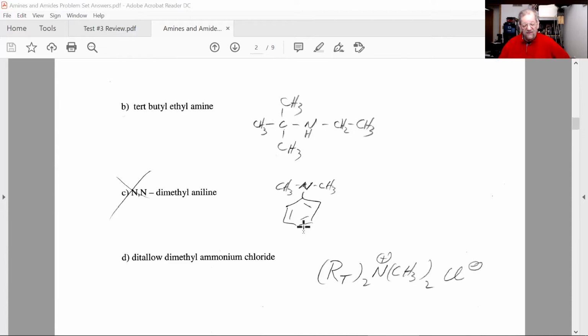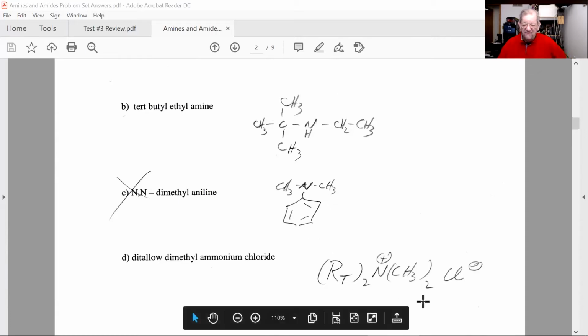D, that's a very, very important molecule. When I say tallow, you abbreviate it by R sub T. So ditallow dimethyl ammonium chloride. This is one way of writing it.